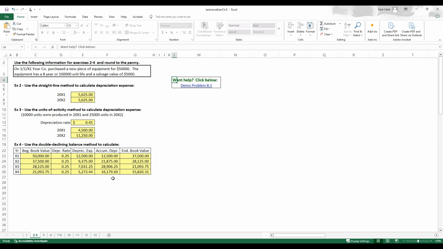But what you will run into is if you fully depreciate using the double declining method, you may have to adjust the final year's worth of depreciation expense just to make it work so that you end at the salvage value of $5,000. So it doesn't come as neatly as the straight line method, and you might have to calculate depreciation expense and then manually adjust it so that you end up at $5,000 as an ending book value, the salvage value in this instance.